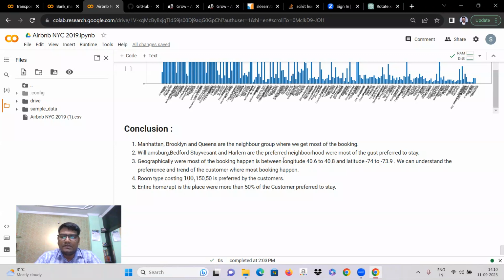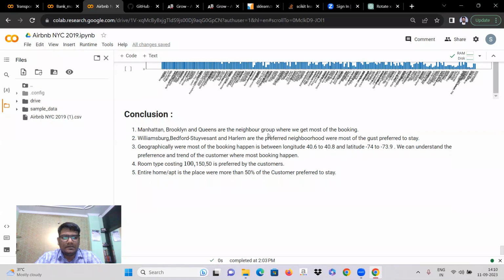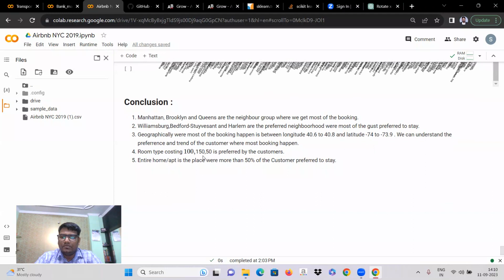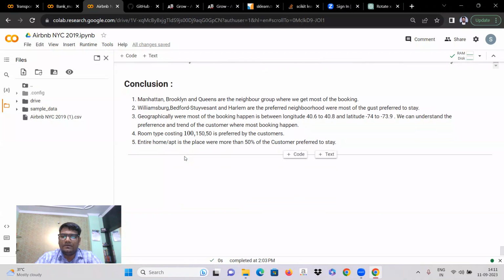So geographically, this is the latitude and longitude where most of the bookings happened, and the room cost that customers preferred to pay is between $50 to $150.